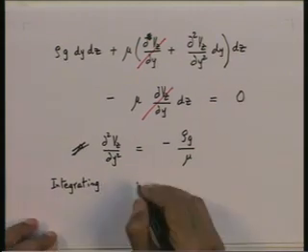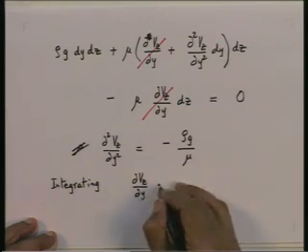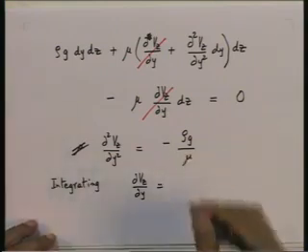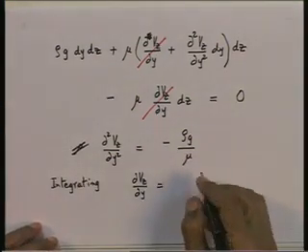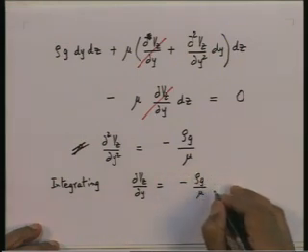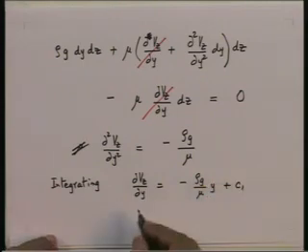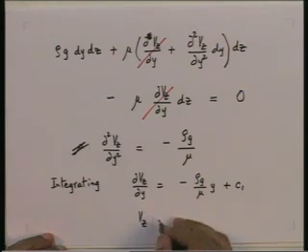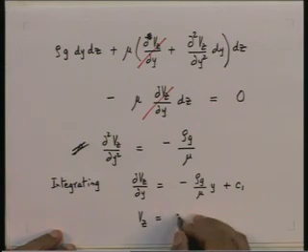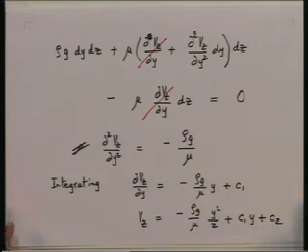If I integrate it once, I will get dvz dy, where Vz is of course the velocity in the z direction of the liquid, dvz dy is equal to minus rho g by mu into y plus C 1, and if I integrate it a second time, I will get Vz, the velocity in the z direction of the liquid condensate, is equal to minus rho g by mu y squared by 2 plus C 1 y plus C 2. That is what I get on integration.